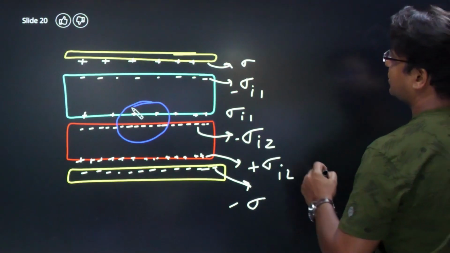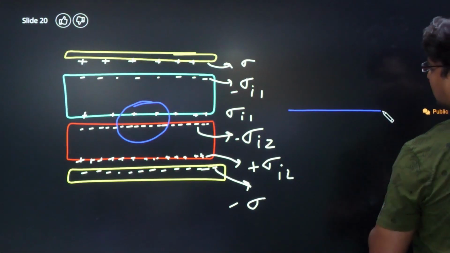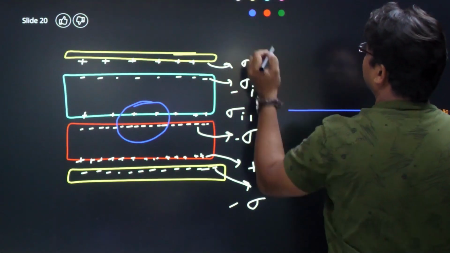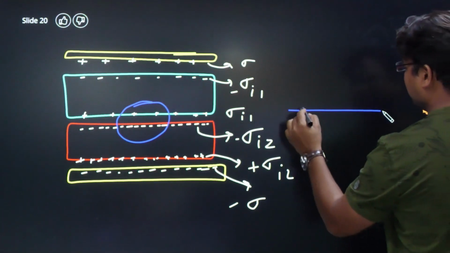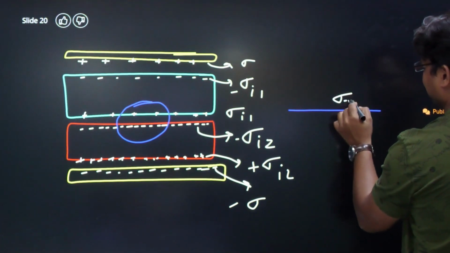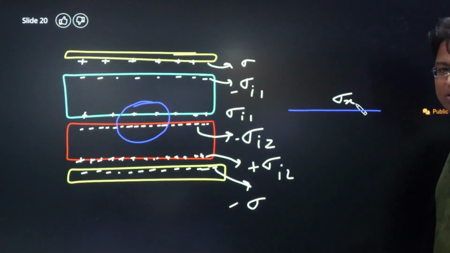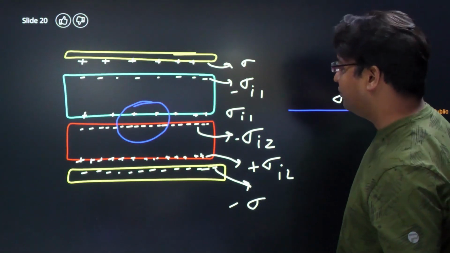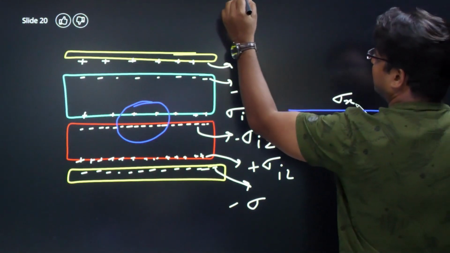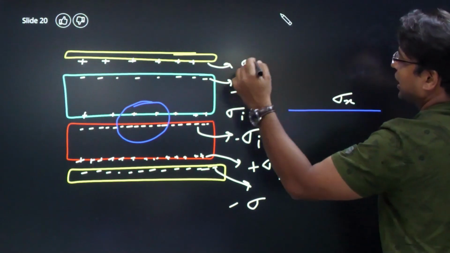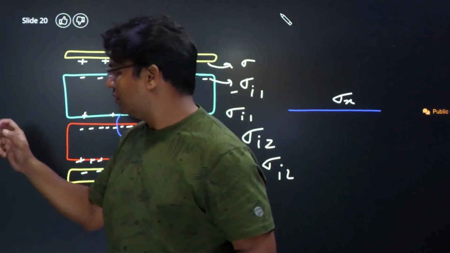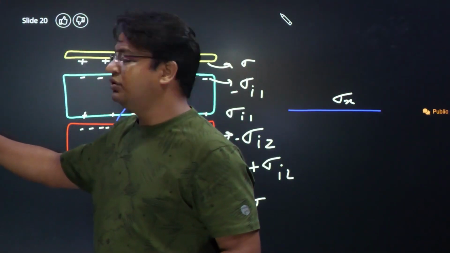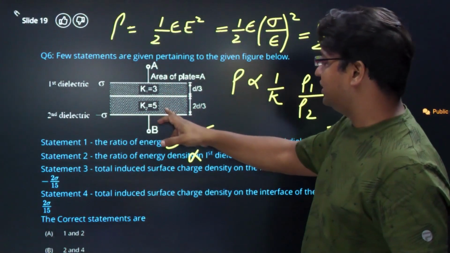What we are actually looking at is one layer of charge with a certain charge density, maybe positive, maybe negative. Let me write it as sigma x. Now we understand that the electric field in the upper region would be stronger, because it has a lower value of K. Here the K is 3, here the K is 5.